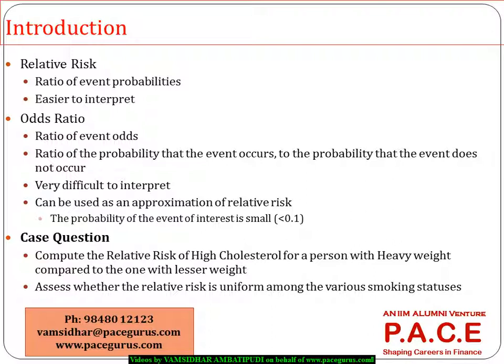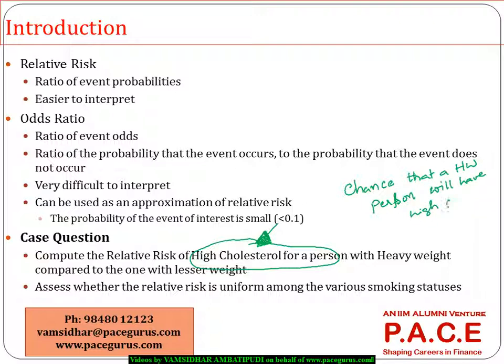So here I have taken a simple case question: if a person has high cholesterol, let me put it slightly better, what is the chance that a heavyweight person will have high cholesterol compared to a lightweight person?